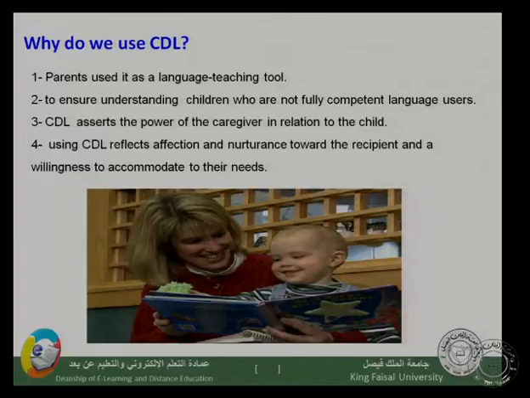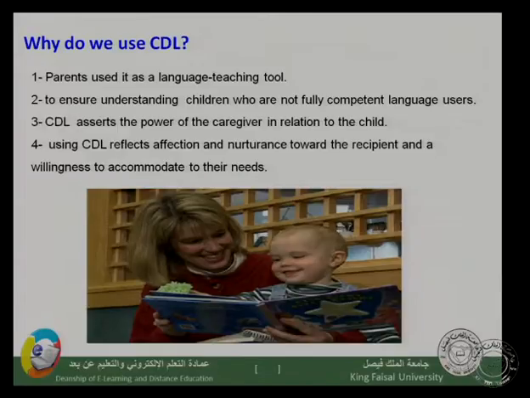By using this directed language, a language full of sentences that indicate power, the caregiver or the babysitter can command the child by telling him to do this and not to do that. By using instructions and directives, he or she is asserting his power as a caregiver or babysitter in relation to the child.